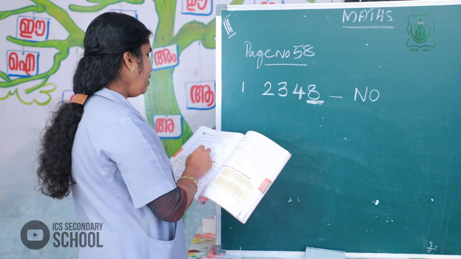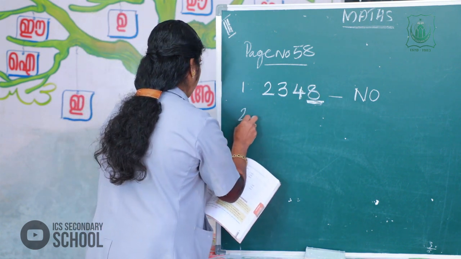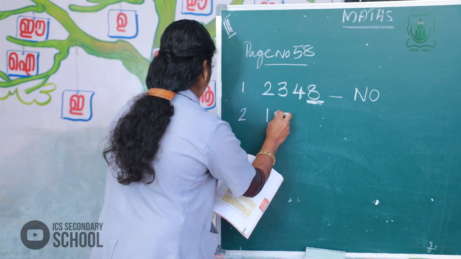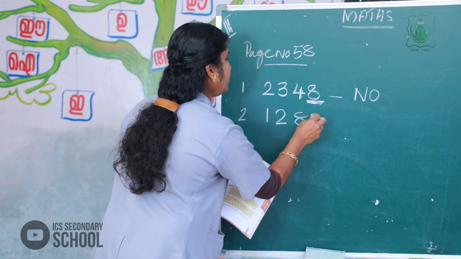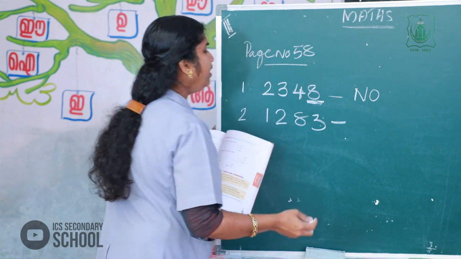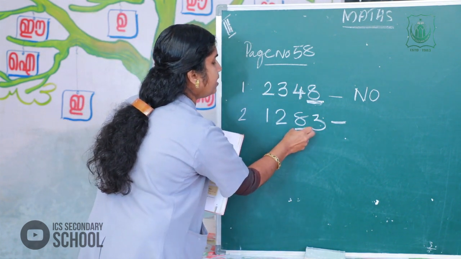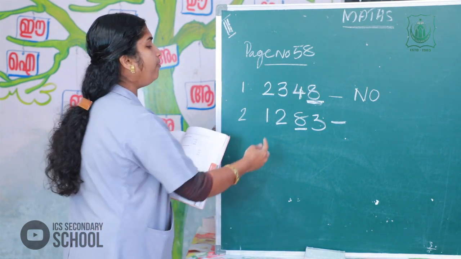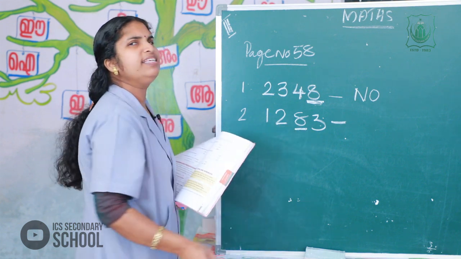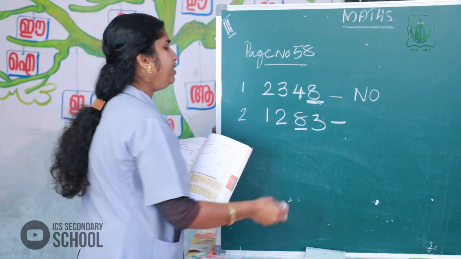Okay. Next question. Second, 1283. Again, here 8 is in the 10 place. The place value of 8 in 1283 is 80, not in the 100 place.